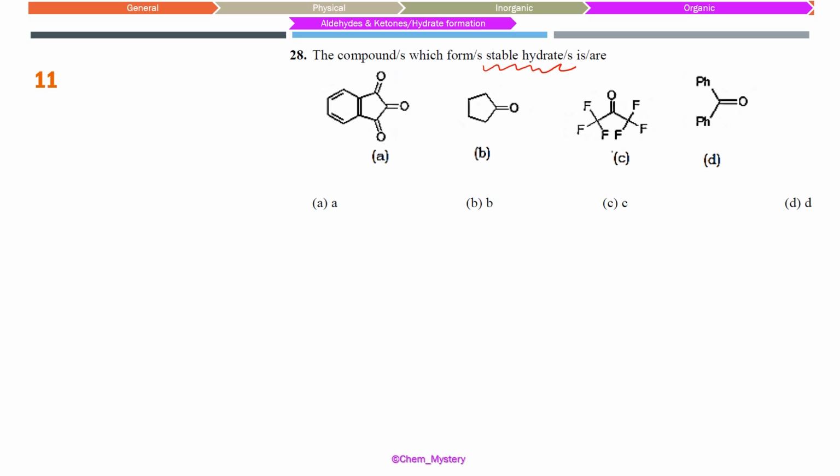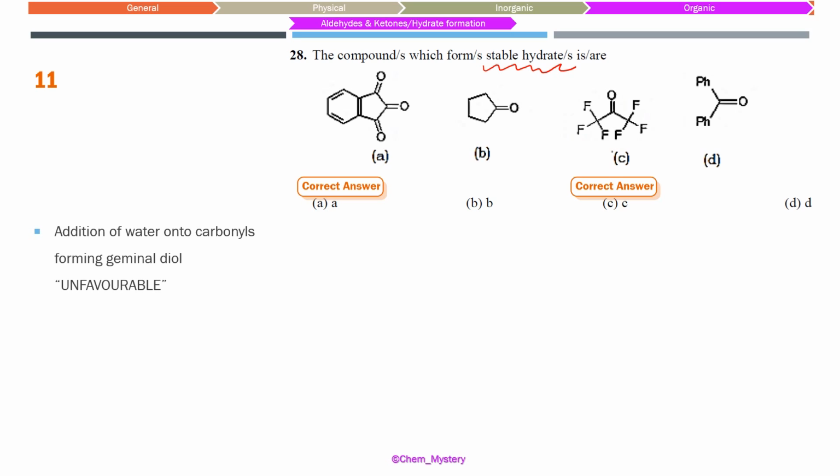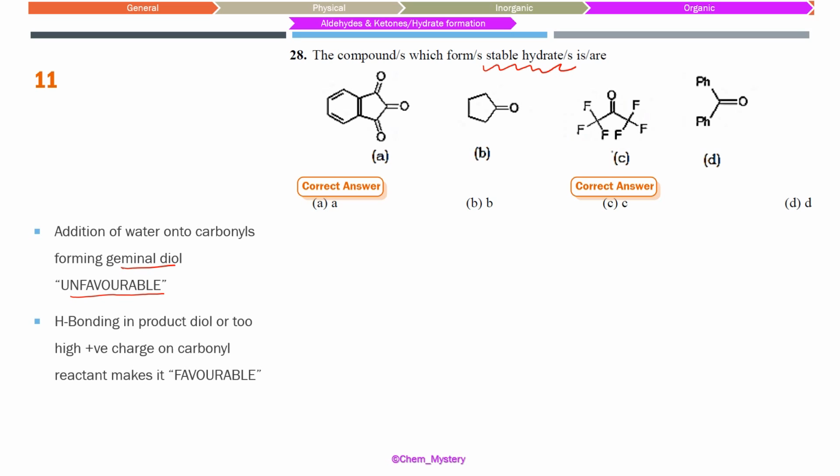So that is what we learned, that the formation of diol, geminal diol, is usually unfavorable for whatsoever reasons. But then there are some certain cases where one case was the hydrogen bonding, and another case can be very high positive charge on the carbonyl group. When that situation arises, this can be made favorable.